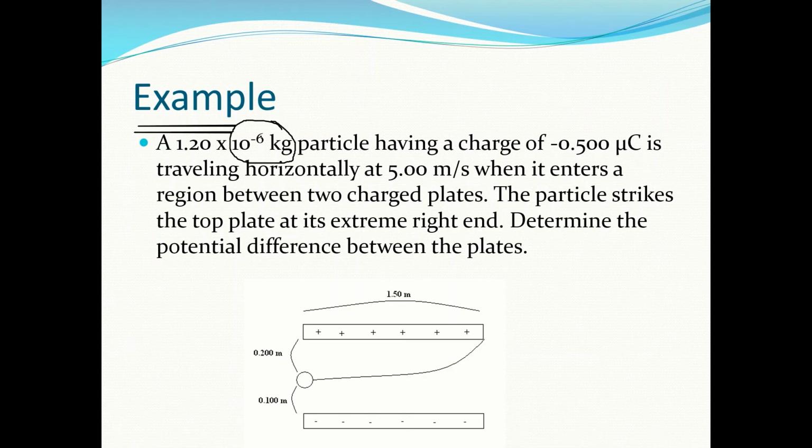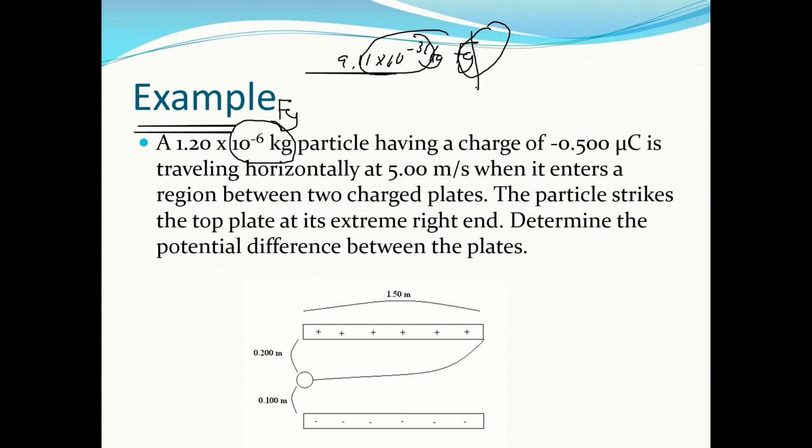This is a pretty big mass compared to an electron, which has a mass of 9.11 times 10 to the negative 31 kilograms, right? This is our electron. This is our subatomic particle. This here is an oil drop. So this has Fg. This does not have Fg.